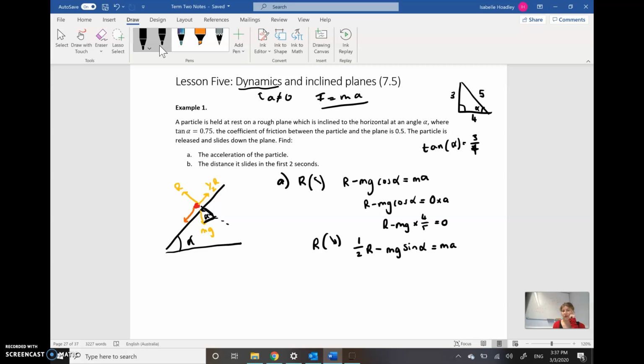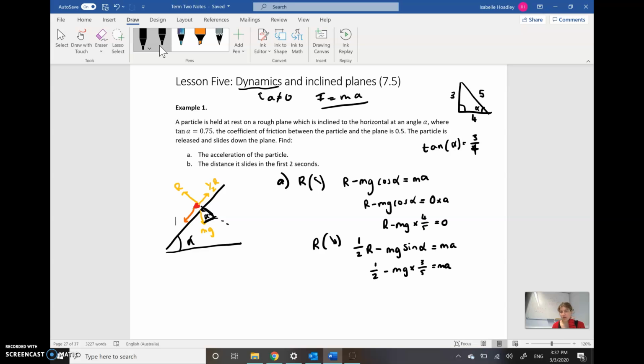I can't assume that's 0 because the particle is going to be moving and accelerating down the hill. So I can say half R minus mg, and change the sine alpha to 3/5, equals ma.